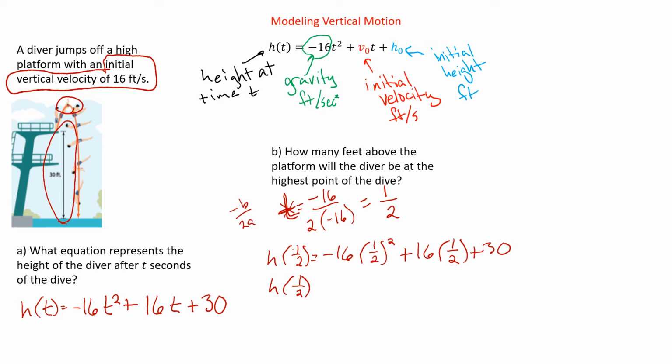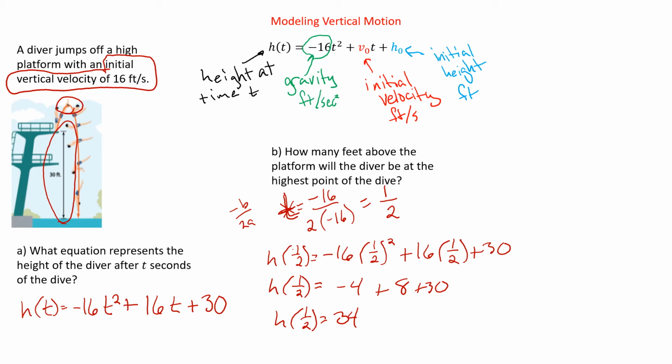You can square the top and square the bottom. We have 1/4 times negative 16 is negative 4 plus 8 plus 30. Negative 4 plus 8 is 4 plus 30 is 34. So h of 1/2 equals 34. So the height is 34 feet.